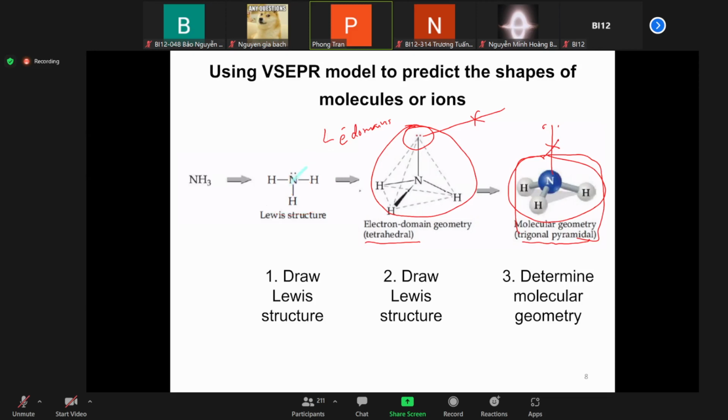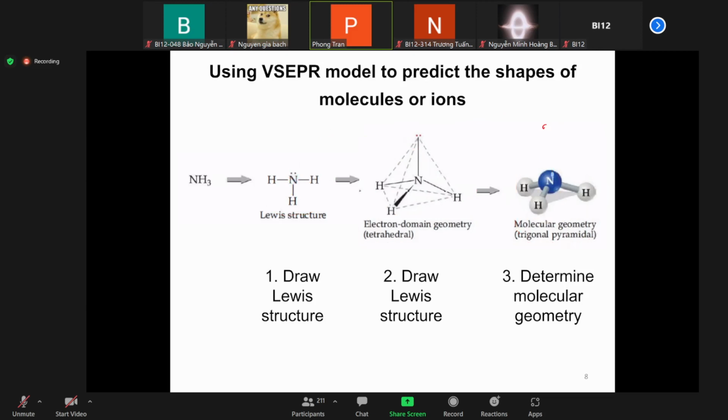Okay. So by learning this example, you can see a few steps when you want to predict the geometry of a molecule. First, you need to draw the Lewis structure and pay attention to the bonding electrons and the non-bonding electrons. Then you do the calculation for the total electron domain of the central atom. Here it is nitrogen, and you need to calculate both non-bonding and bonding electron domains.